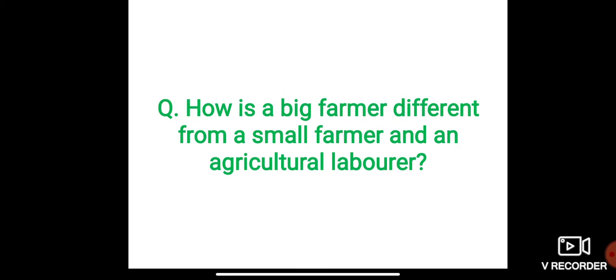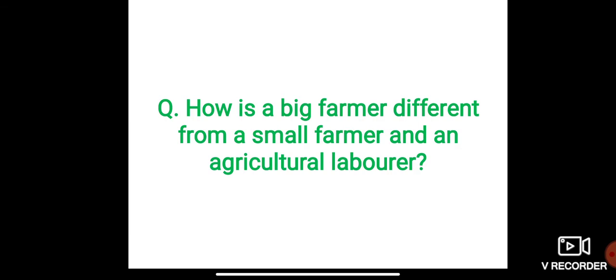So a big farmer owns many plots of land, and also has other ways to earn money, apart from cultivating. The small farmers and agricultural laborers do not always have a job, and are employed by others, meaning they work for other people, like Sita, working as an agricultural laborer for Subramanian.